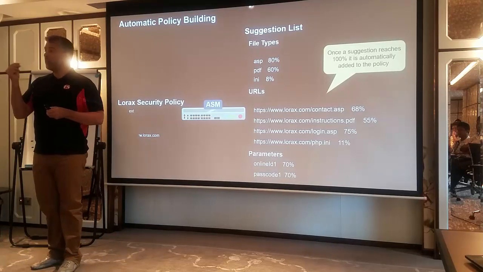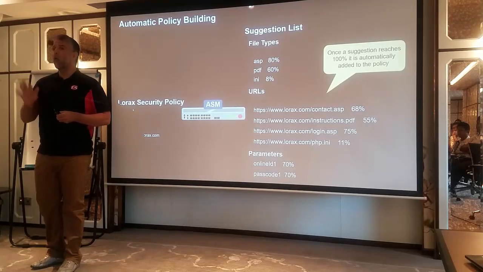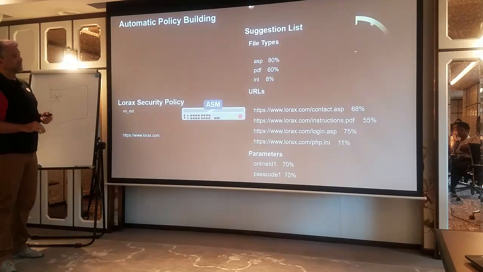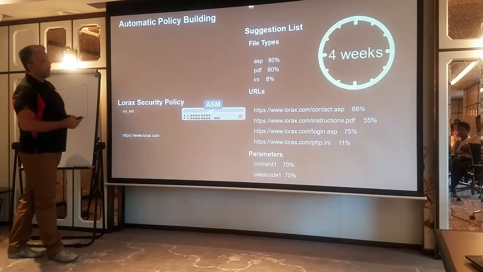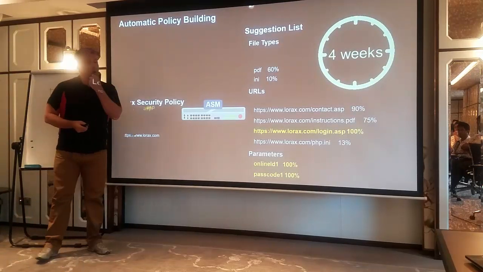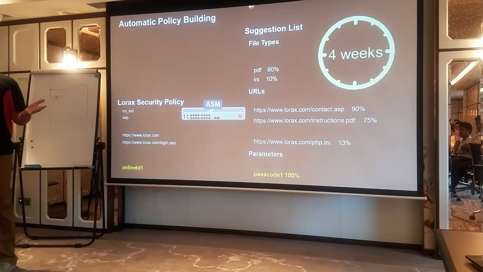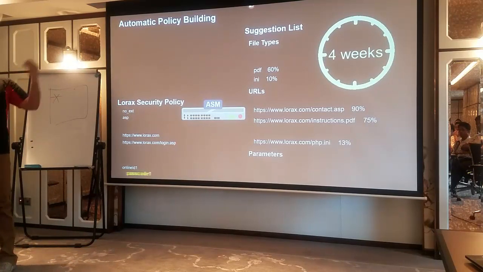It's now considered positive security or acceptable by the security policy. More time goes by, more items hit 100%. So more items are automatically added. And this is just a process now we can go through over a period of time. Here we're already 4 weeks in.